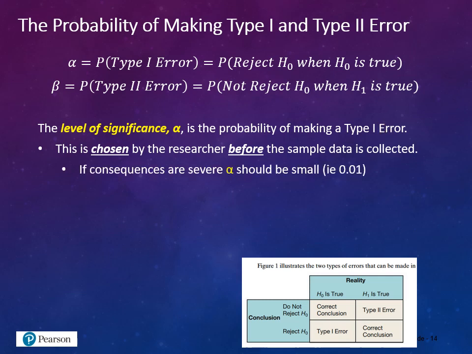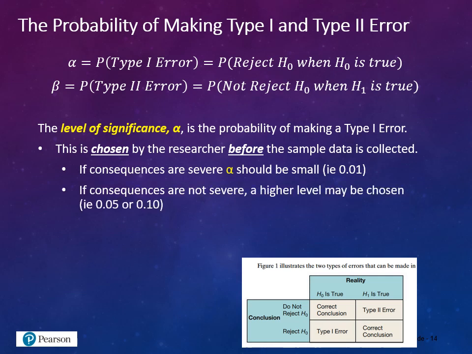Okay, if consequences are severe, in this case, children getting headaches, etc., that might be quite severe or quite risky, then the researcher should set alpha, or the level of significance, to be small, okay, 0.01, so as you want that probability to be very small if the impact of that probability has great consequences.